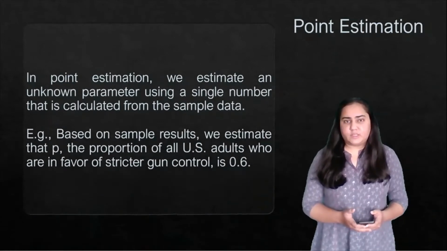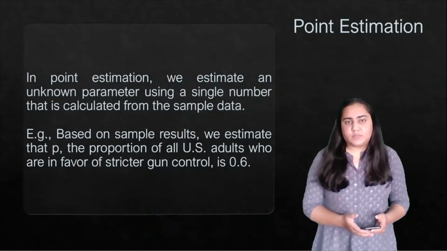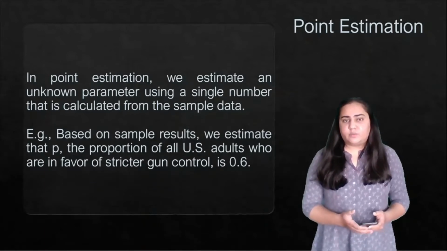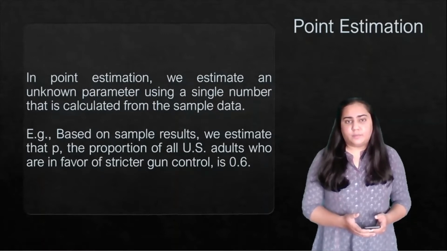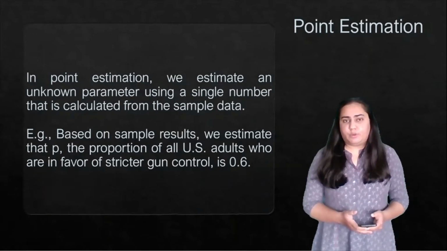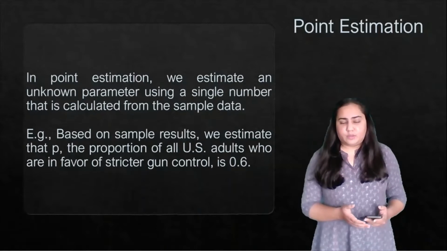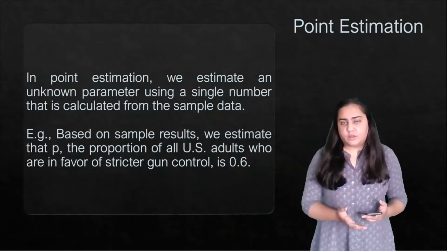An example of this is based on sample results, we want to estimate that p, the proportion of all US adults who are in favor of stricter gun control, is 0.6. We found this data based on just a sample. A sample is a proportion of US adults.